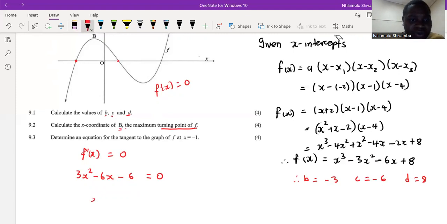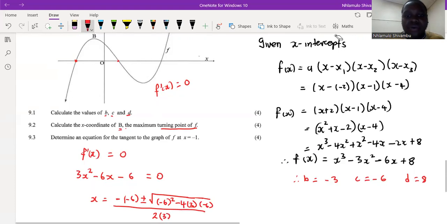So x is equal to minus the value of b, which here is minus 6, plus or minus the square root of minus 6 squared minus 4 times a, where a is 3, times minus 6, which is the value of c, divided by 2a, which is 2 times 3.